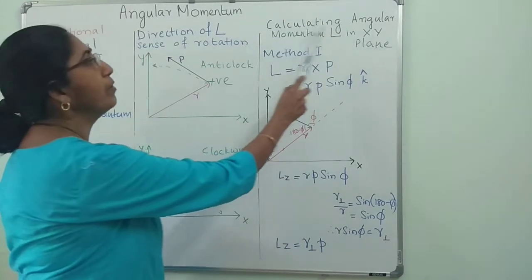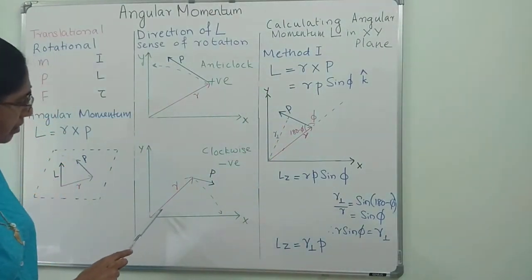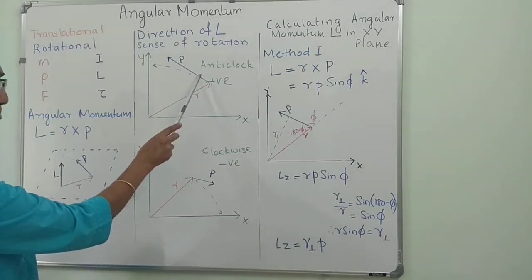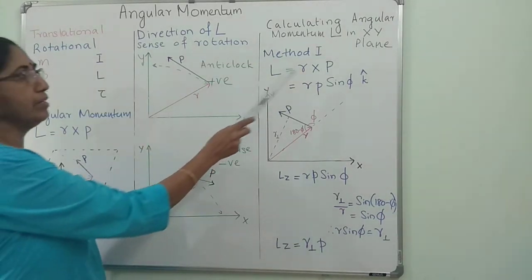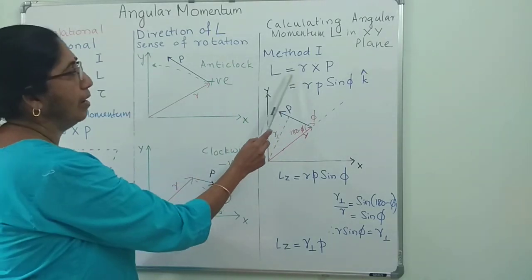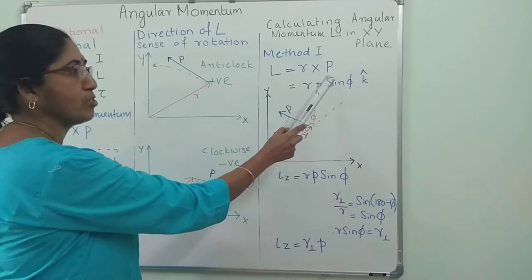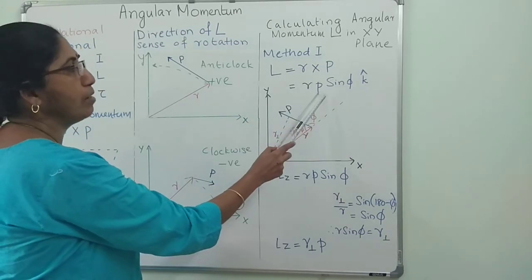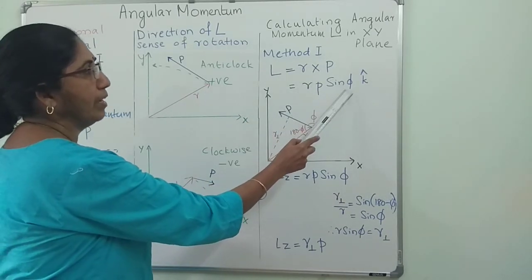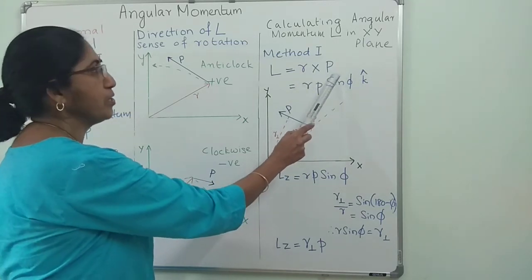Now how to calculate angular momentum L in the xy plane? We have described L, we have described P. How to calculate angular momentum? One method is, angular momentum L is, by definition itself we have studied, R cross P. R cross P is R P sine phi, and it will be in a direction perpendicular to both R and P, because it is a cross product.